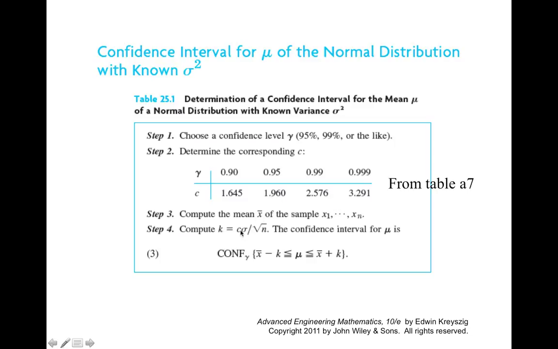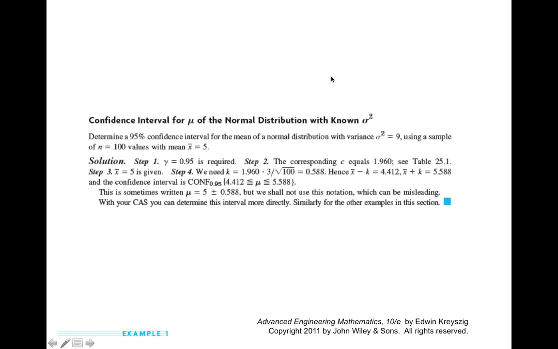From there, based on our given variance and our given n, we're going to calculate k. So using those equations, basically we calculate k to be c times the standard deviation, which will be 3, divided by the square root of the number of values, which will be 10, and from there we get 0.588.